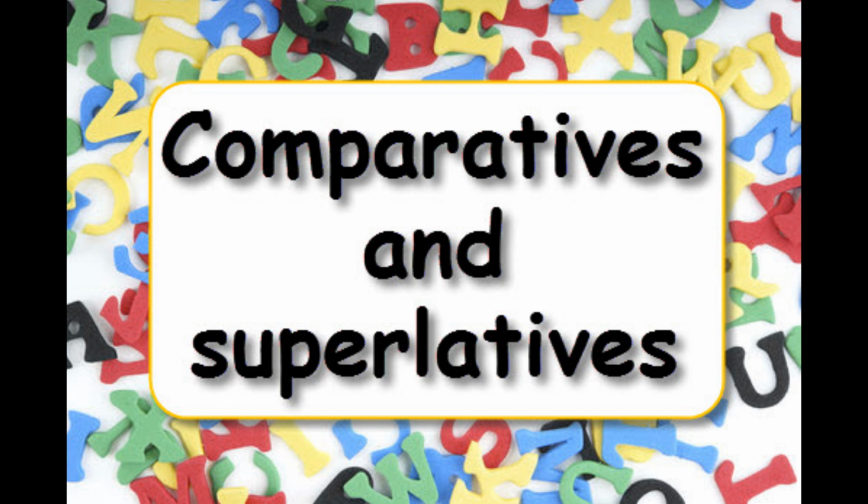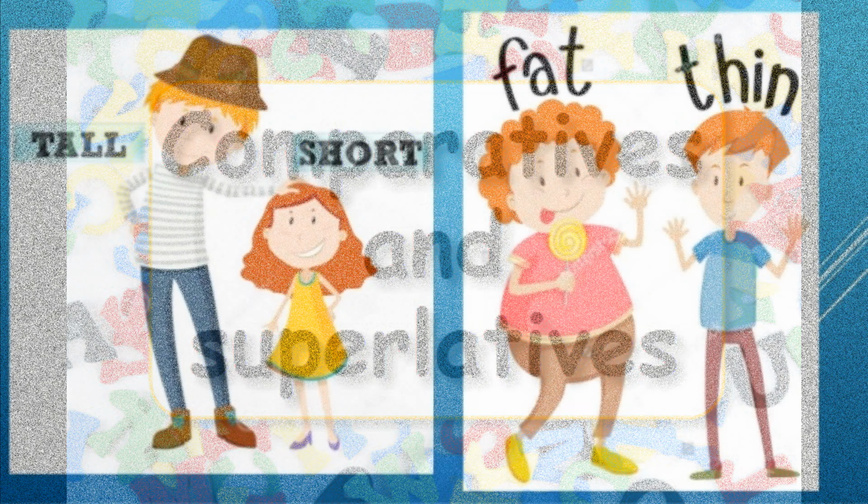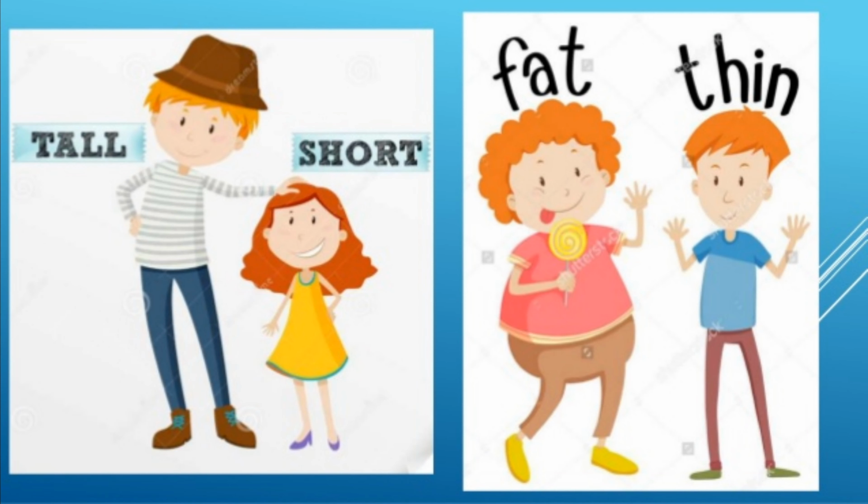In the first lesson we took nouns, verbs, adjectives and pronouns. Do you remember? Adjectives like short, tall, big, thin, fat, sad, happy. We have a lot of adjectives.